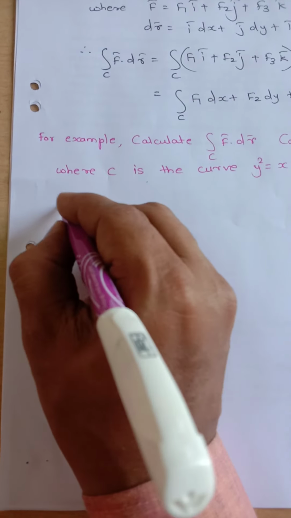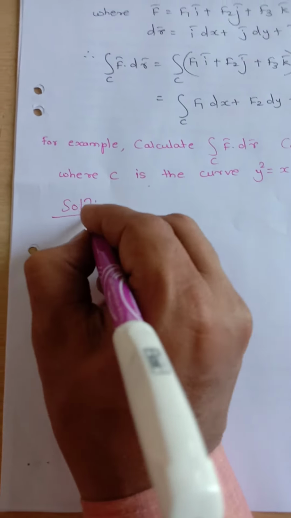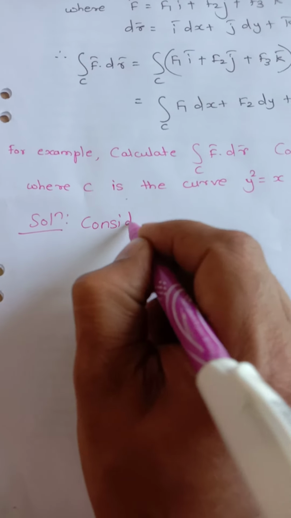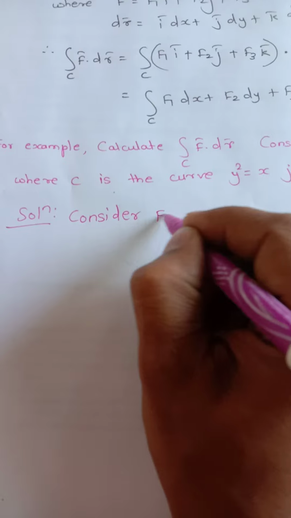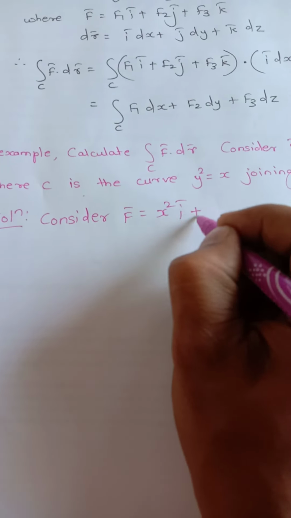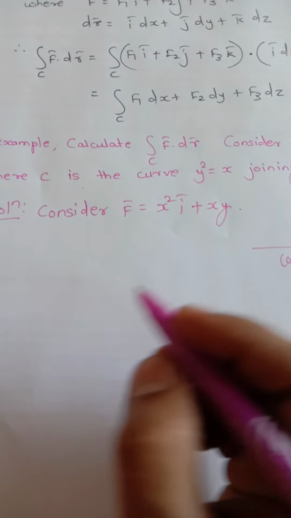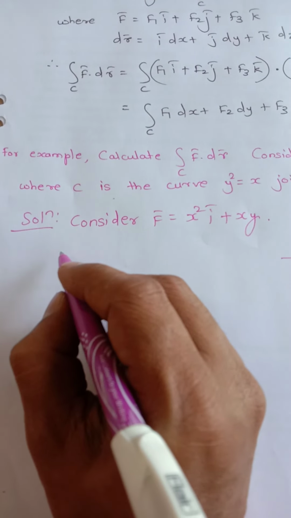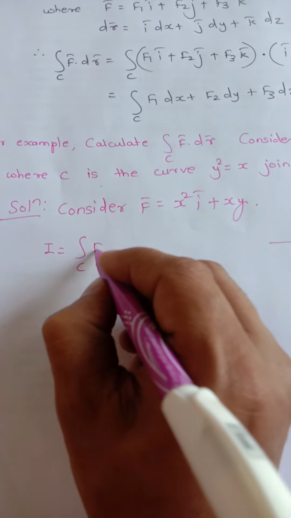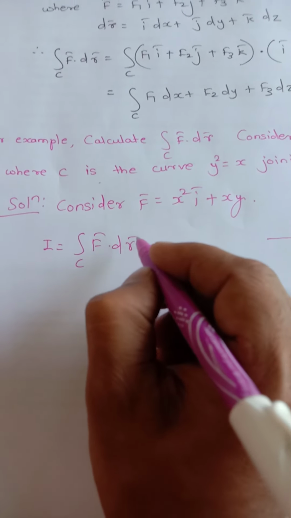So solution: consider f bar is equal to x square i bar plus xy j bar. We have to find the integral I is equal to the integration over C of f bar dot dr bar.